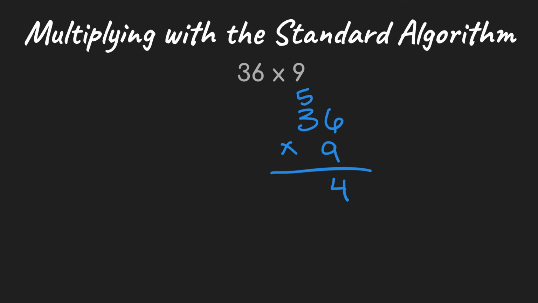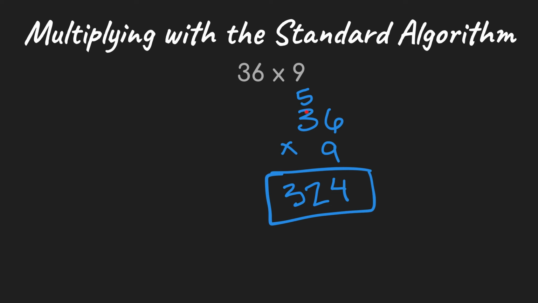Then I'm going to do, here's the tricky part, 9 times 3 is 27, and then I'm going to add 5 more. 27, 28, 29, 30, 31, 32. So then it becomes 324.